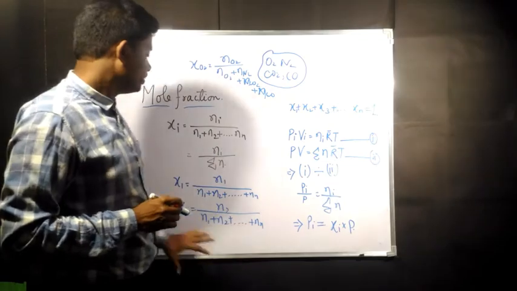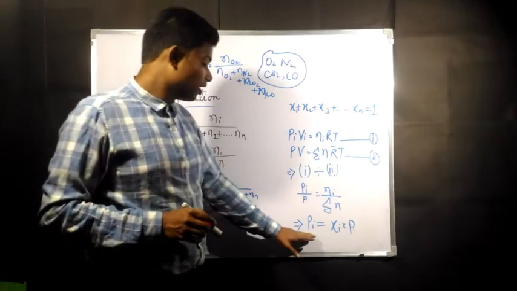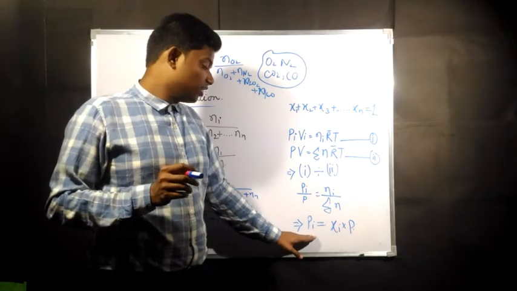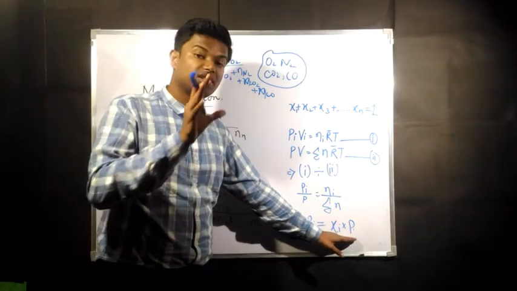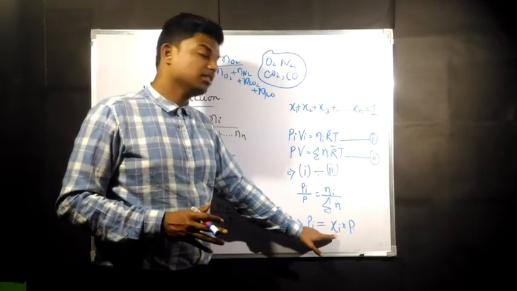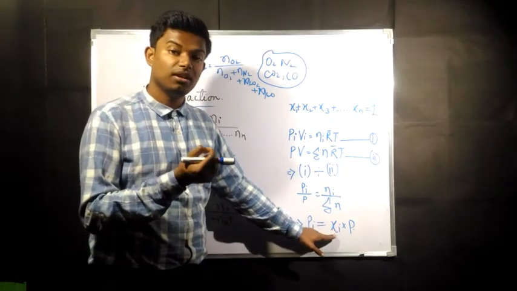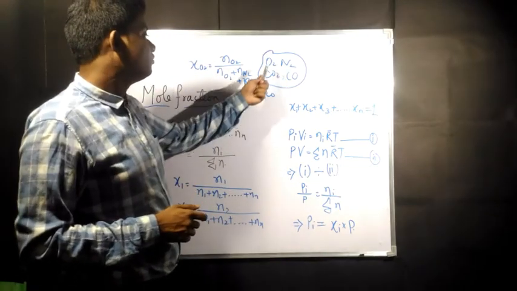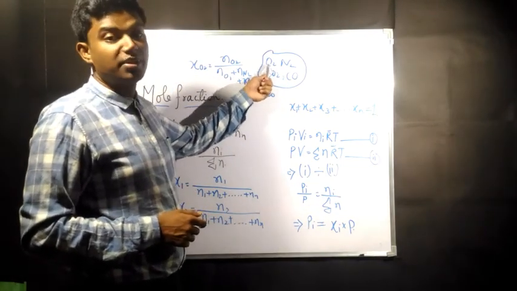So from this we get that to find the partial pressure of an individual gas, we multiply the total pressure with the mole fraction of that particular gas. Suppose from this mixture I need to find the partial pressure of oxygen.